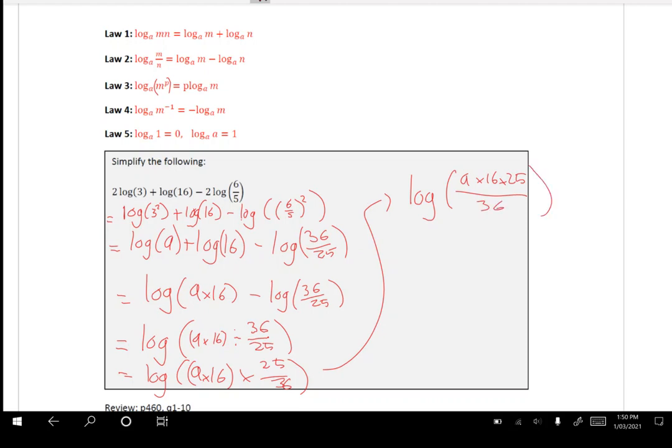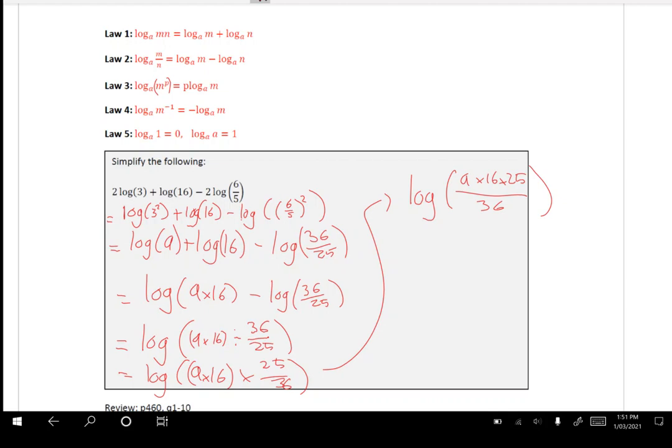Now remember, if we times something on a fraction, we times it to the top. So we have log of 9 times 16 times 25 over 36. The reason I chose not to figure out what 9 times 16 is earlier is because it'll make it easy to see common factors.